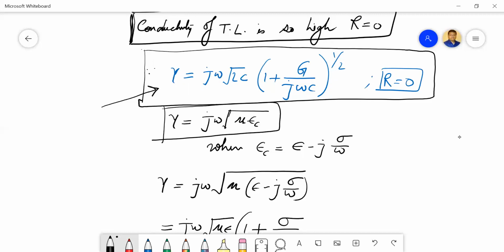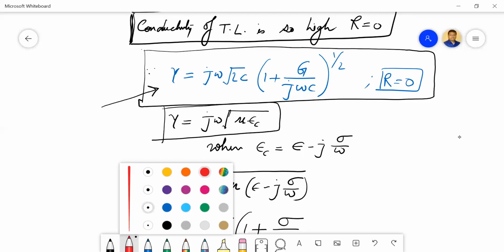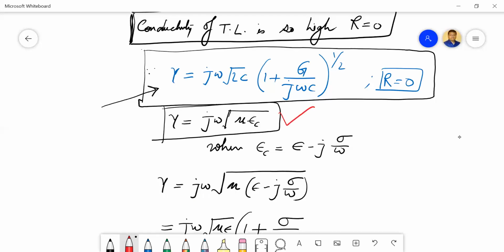The propagation constant is gamma is equal to j omega under root mu epsilon c. We have seen this definition in electromagnetics, where epsilon c is equal to epsilon minus j sigma by omega. Now if you use this definition here, you can rewrite gamma as j omega under root mu, in brackets, epsilon minus j sigma over omega.